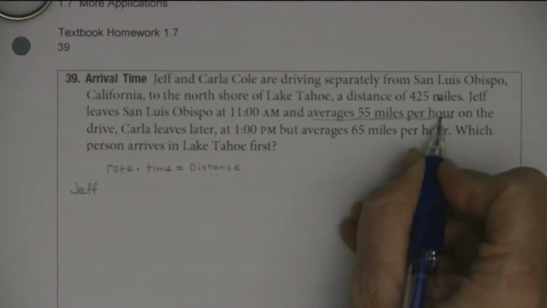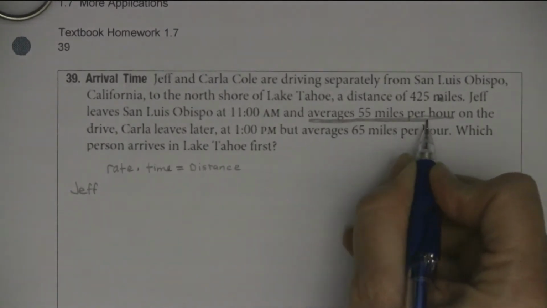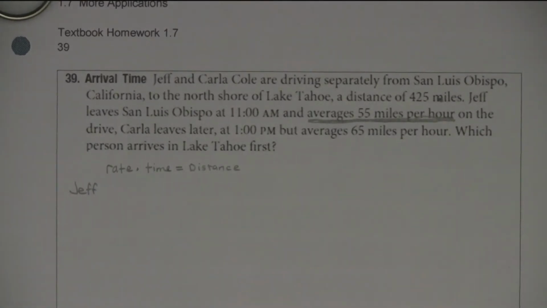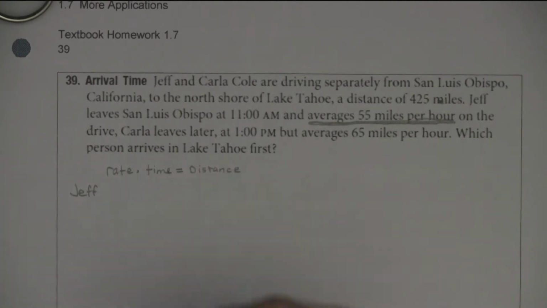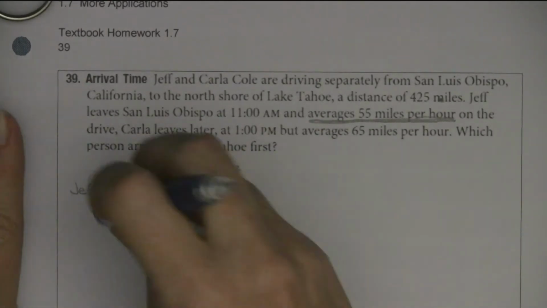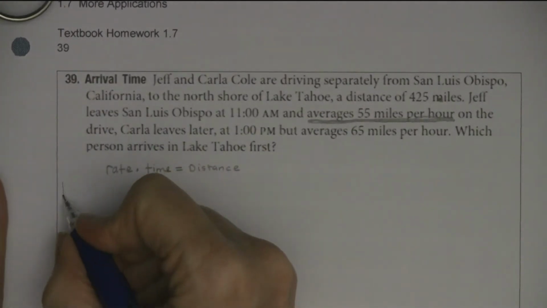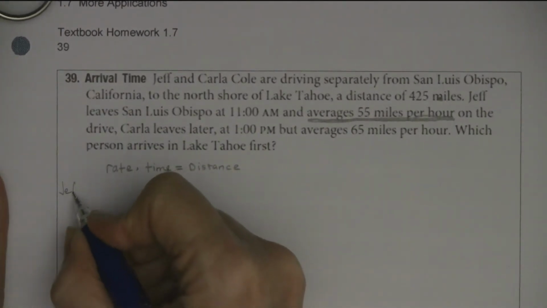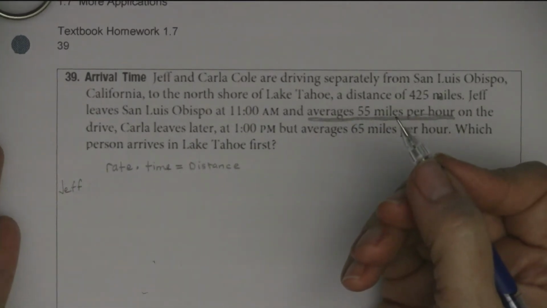What does that mean when you say your average is 55 miles an hour? Does that mean you're typically going 55 miles an hour? No, that's not what it means. What that means is that over the whole trip, if that trip was only 1 hour, then he went 55 miles.